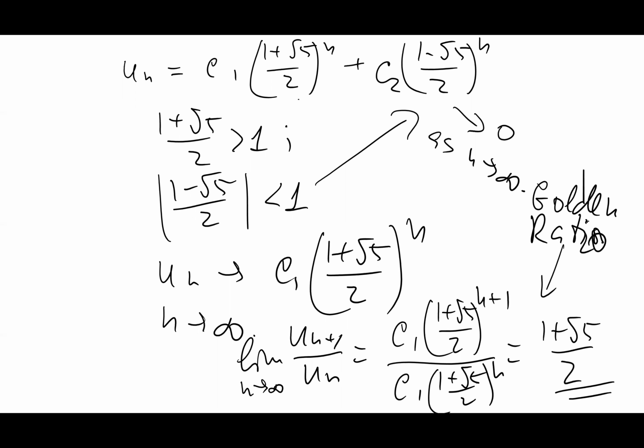And the last thing, probably, is to tell you about the Fibonacci sequence. The Fibonacci sequence is a sequence of these numbers: 0, 1, 1.